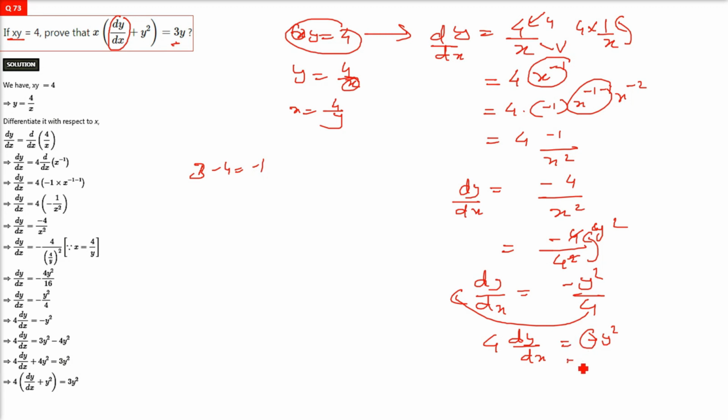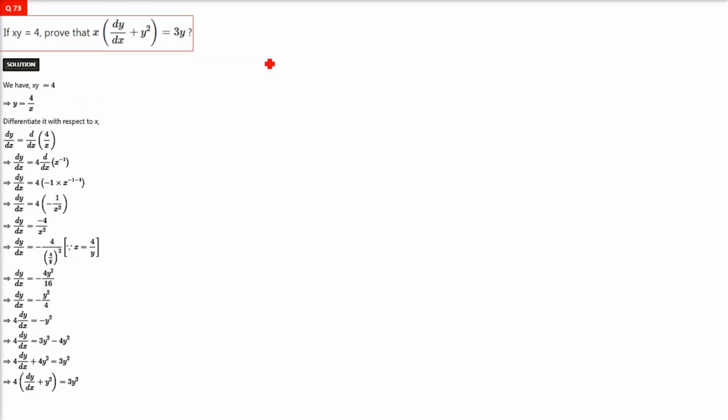So in place of minus y squared we can write 3y squared minus 4y squared. So 3y squared minus 4y squared is 4 into dy by dx. Now 4y squared I am taking to the left hand side. So what we get finally is 4 dy by dx plus 4y squared is equal to 3y squared.